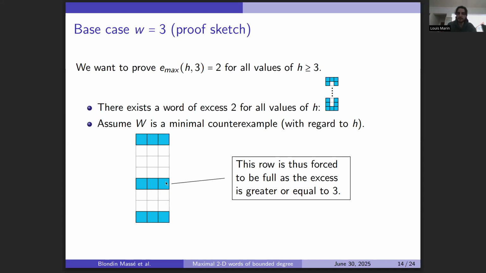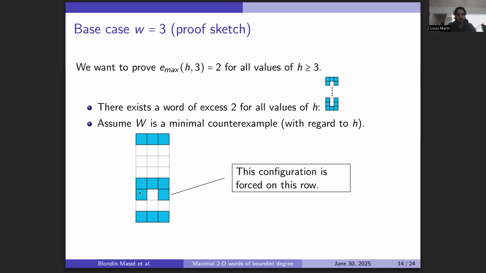So then this row, that is the first row that is not of excess 0, is forced to be of excess 1, basically to be full. Then that means that this configuration is forced, because we know that the row below it needs to be of excess 0, which means it needs to have 2 cells.